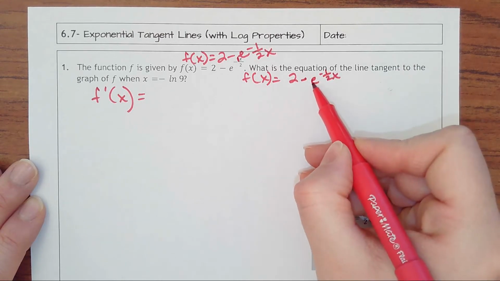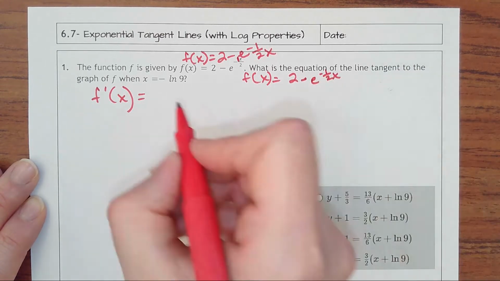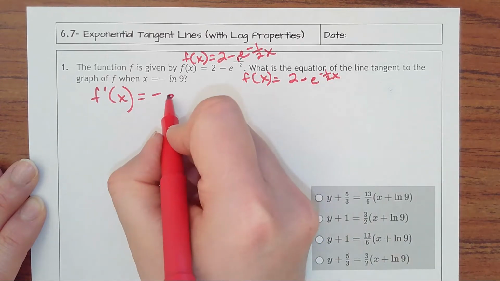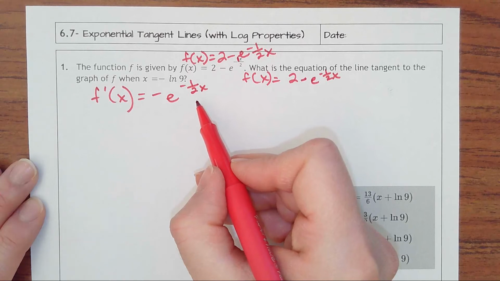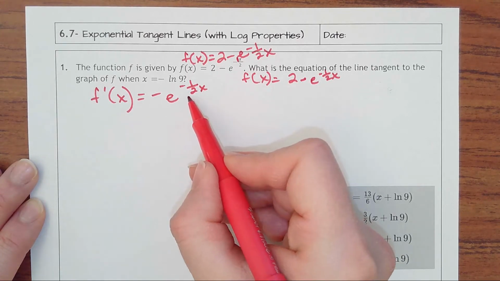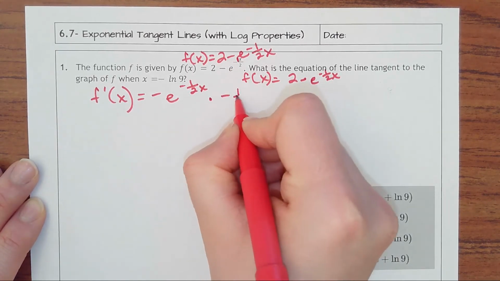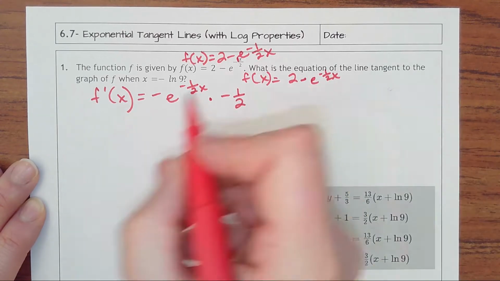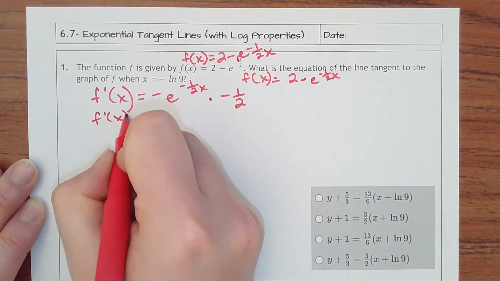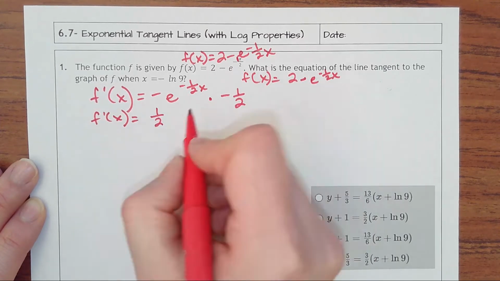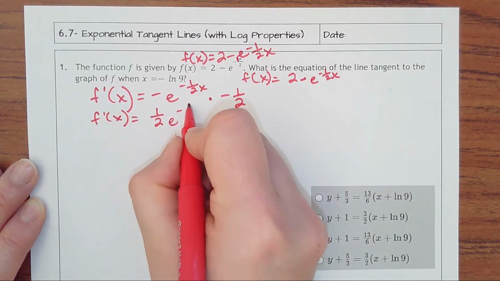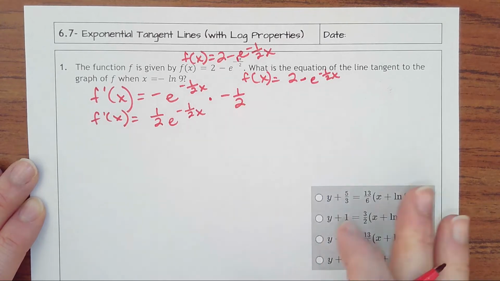And so when I take the derivative of e, it is itself, so I have negative e to the -1/2 x power, but then chain rule tells me to take the derivative of the power, which is simply -1/2. The x would go away. So if I clean that up a little bit, my negative times my negative is a positive. I'll put the 1/2 in front. So it's 1/2 times e to the -1/2 x power.